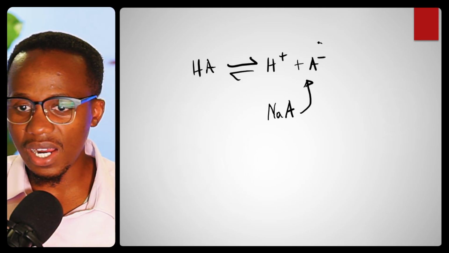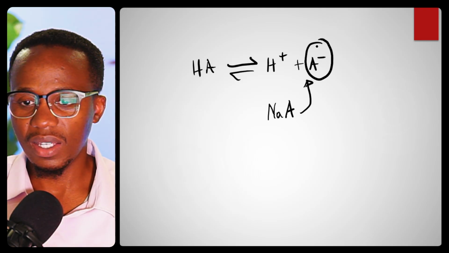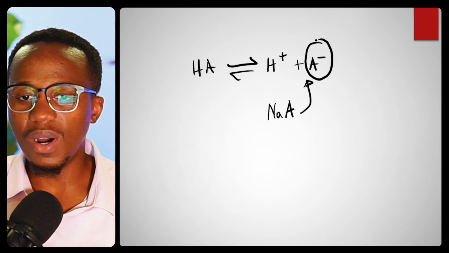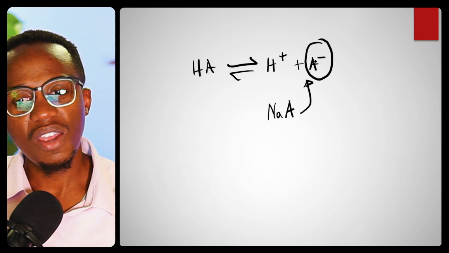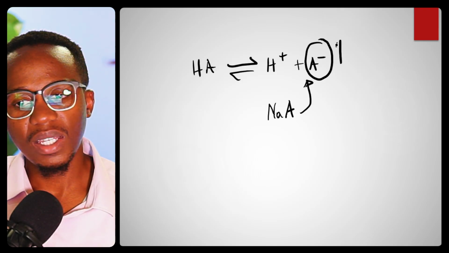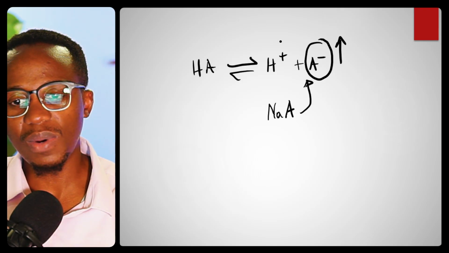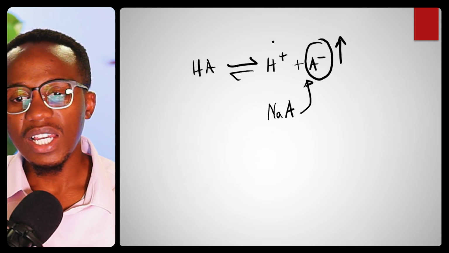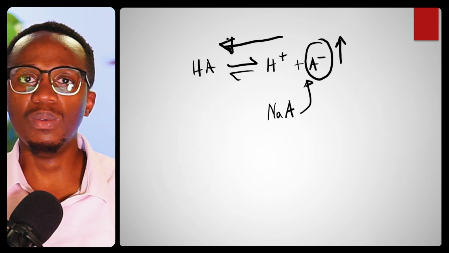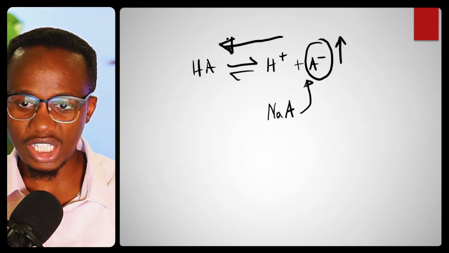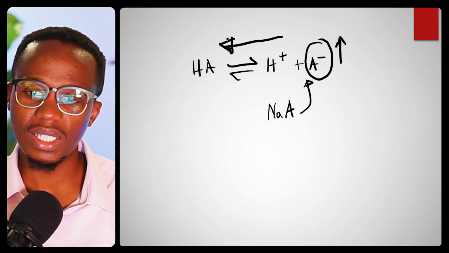If I increase A-, what direction does my reaction go? Does the reaction shift to the right or to the left? It's going to go this way, to the left, to reduce this increase in A-.